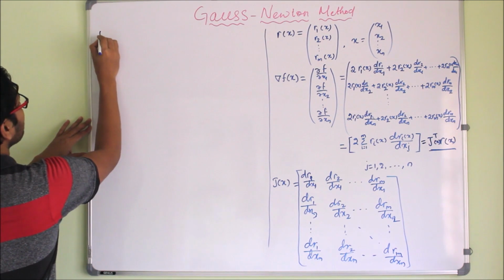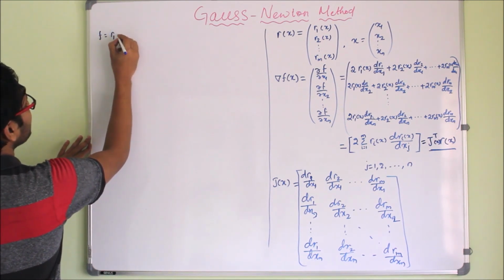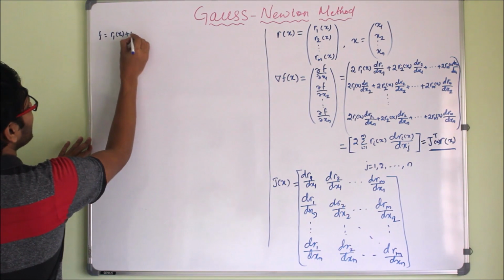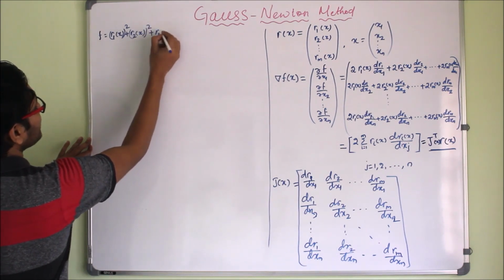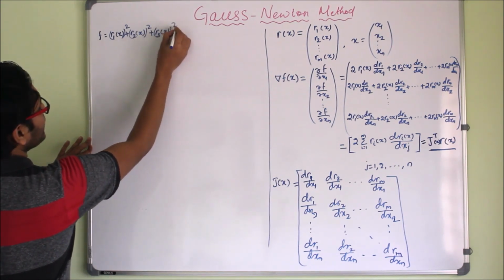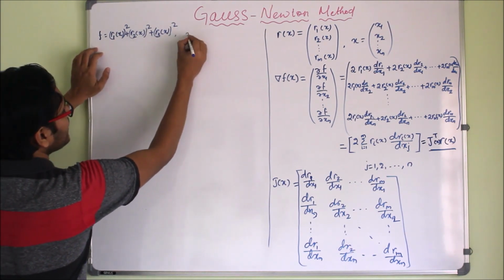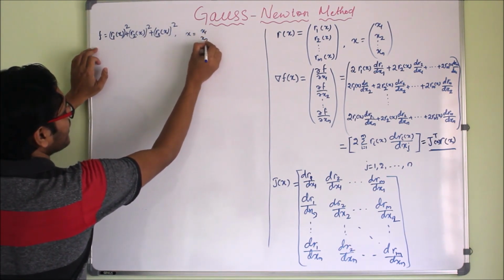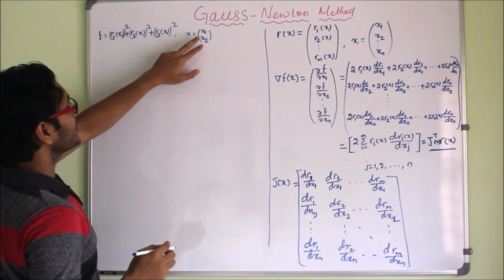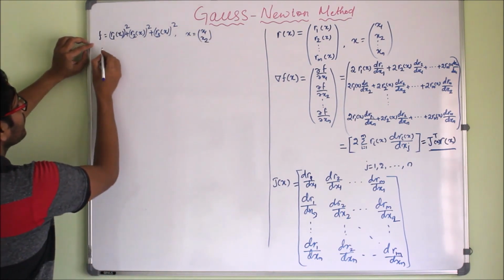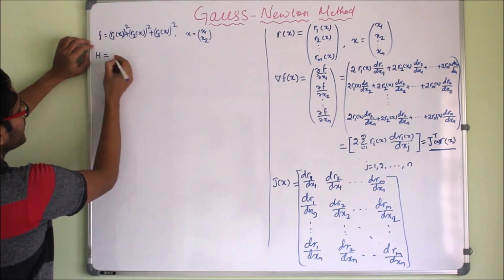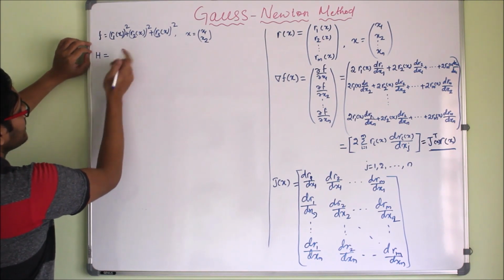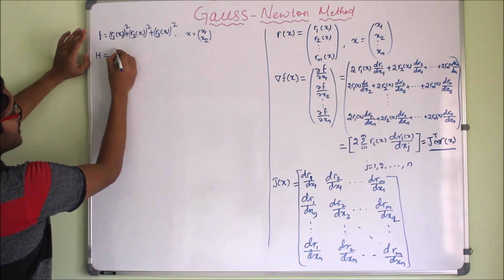Take the function f = (r1(x))^2 plus (r2(x))^2 plus (r3(x))^2, means r1, r2, r3, and here x is (x1, x2), so two independent variables. We know if we know the Hessian matrix, then it will be very easy. How to find H? H will be the second order partial derivative matrix.